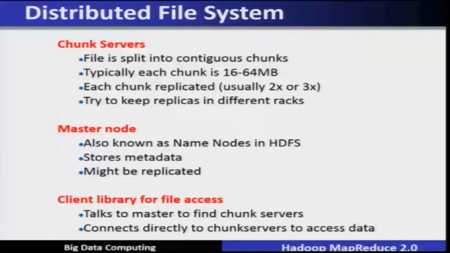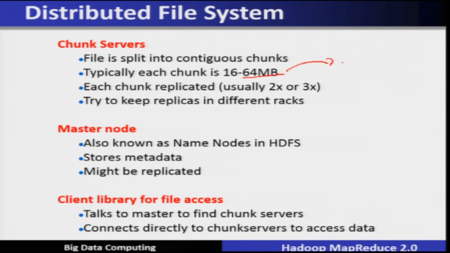Now, we will see the components used in MapReduce program execution. They are the chunk servers, where the file is split into chunks of 64 megabytes, and these chunks are also replicated.